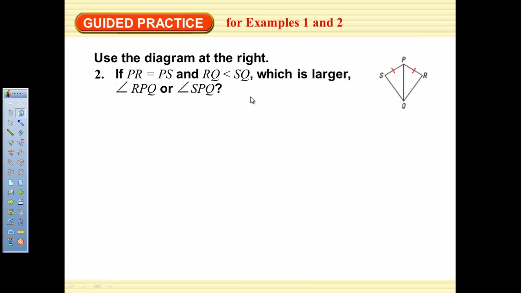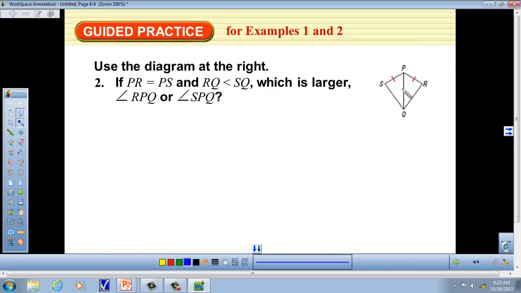Okay? And then we've got PR and PS congruent. We've got RQ is less than SQ. So here's RQ less than SQ. Again, we know PQ is congruent to itself. We know RQ is less, therefore QS is the bigger one, QR is the smaller one.